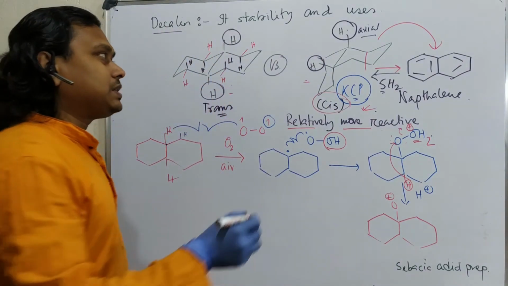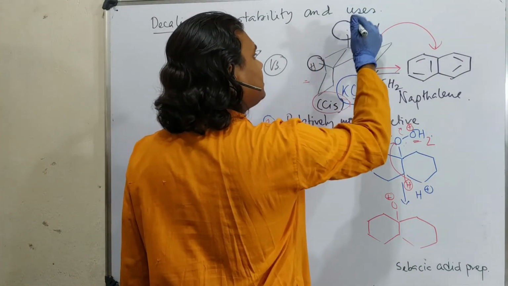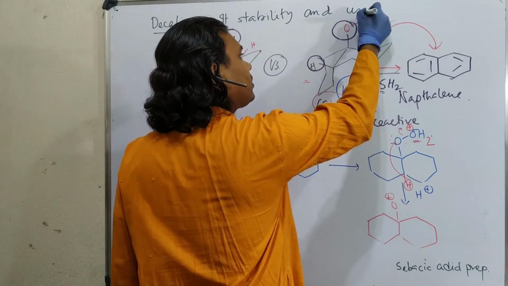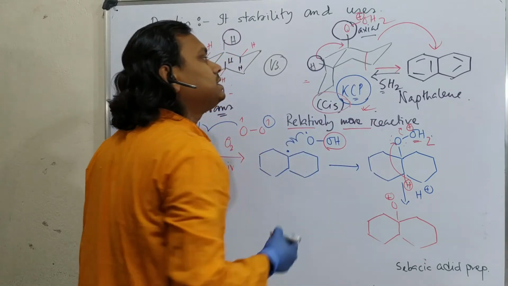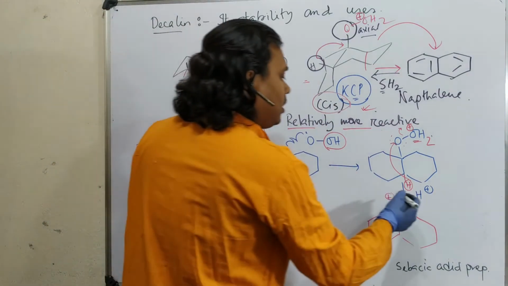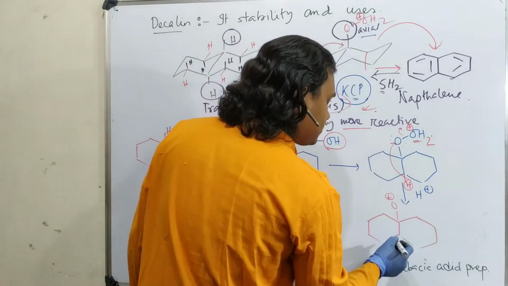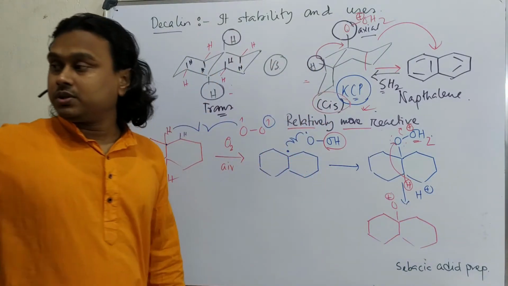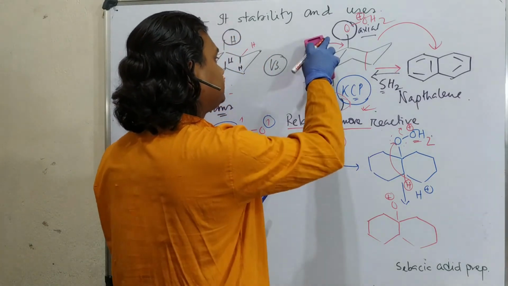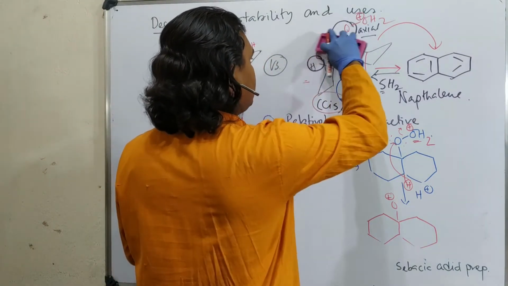In case of cis, just look at this. Migration is possible, easier compared to the trans one. Now, sorry, I made a mistake, not hydrogen migration, this is different.